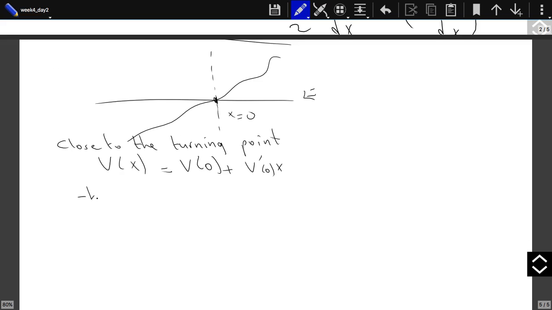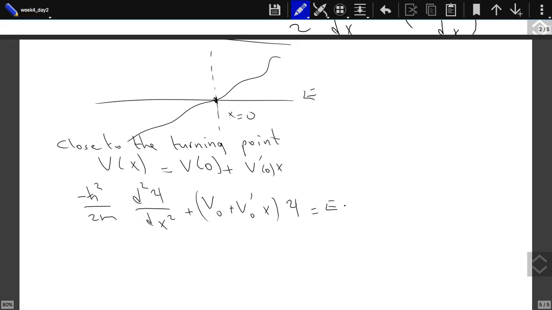Well, we can put it in our Schrödinger equation. This is equal to E of psi.